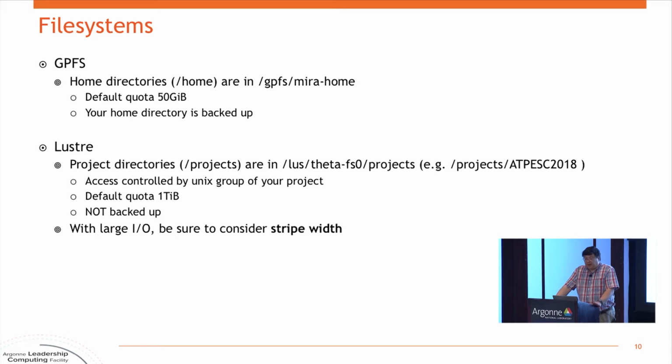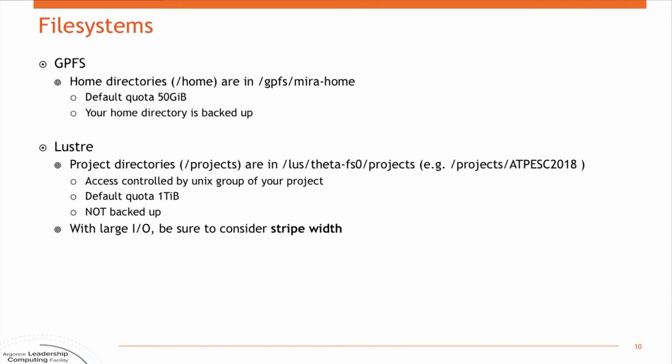The project directories on Theta will be in Lustre, so there's a separate path. For example, the project directory for the ATPESC project is /projects/ATPESC2018. That's in the Lustre file system. When I talk about BlueGene later, the BlueGene projects are in GPFS. So just so you know where stuff lives in general.